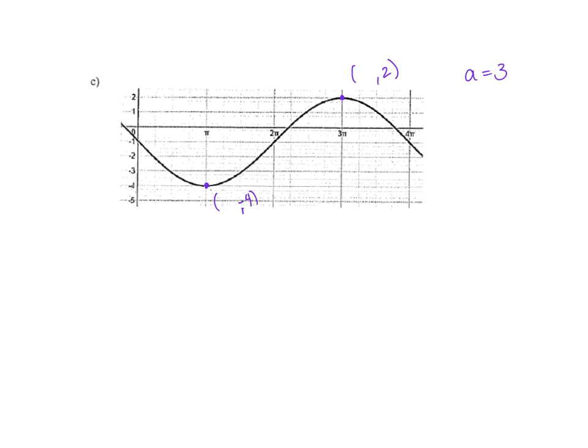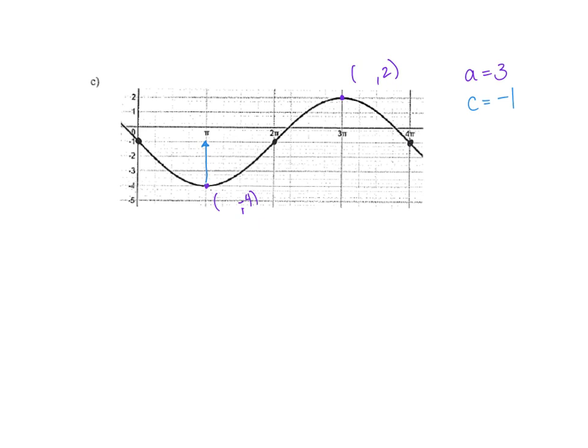So then from there, if I want to find the middle spot of my graph, if I work from -4 and I go up 3, I get to -1. Or I could start at 2 and I could go down 3. And again, I get to that -1. So I know that the equation of my axes is at -1. So my C value is going to be at -1.